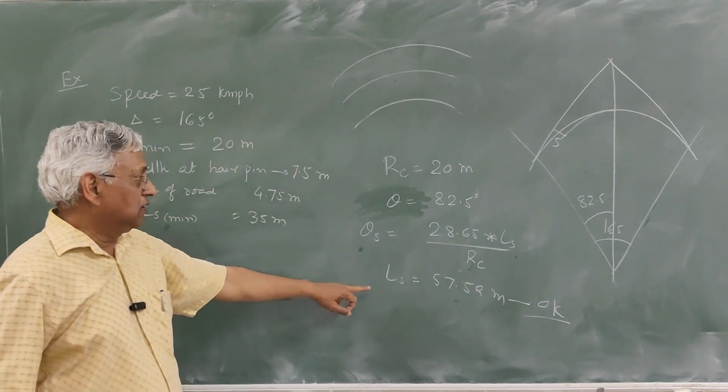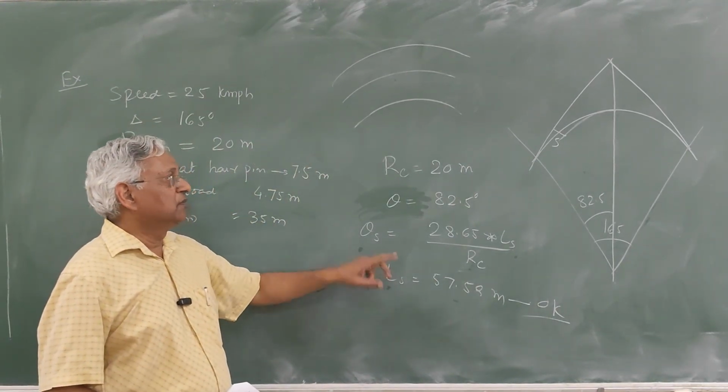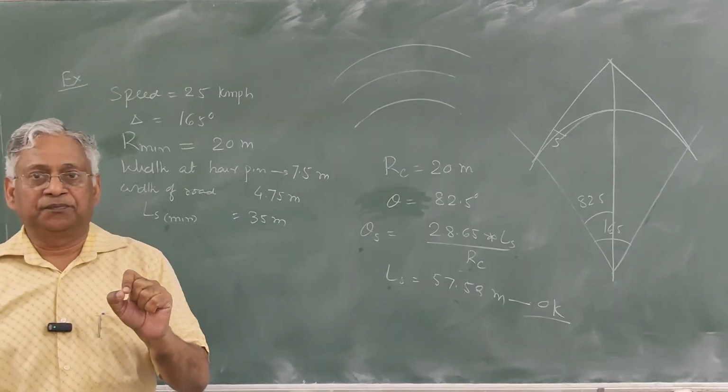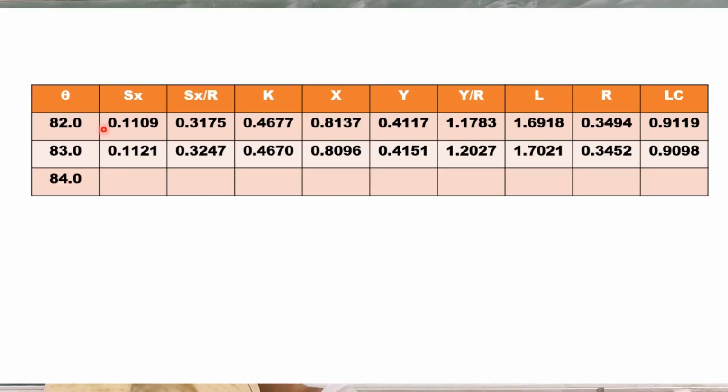Now this length of transition you can find using the table also. So if you enter the table corresponding to theta values 82 degrees and 83 degrees, here you get the value of R in terms of L. So you interpolate the value between 82 and 83.